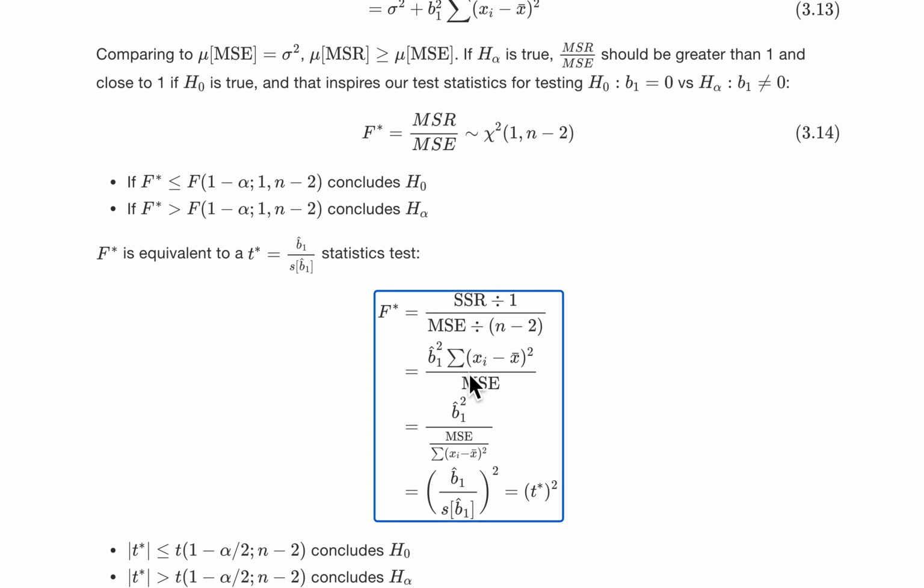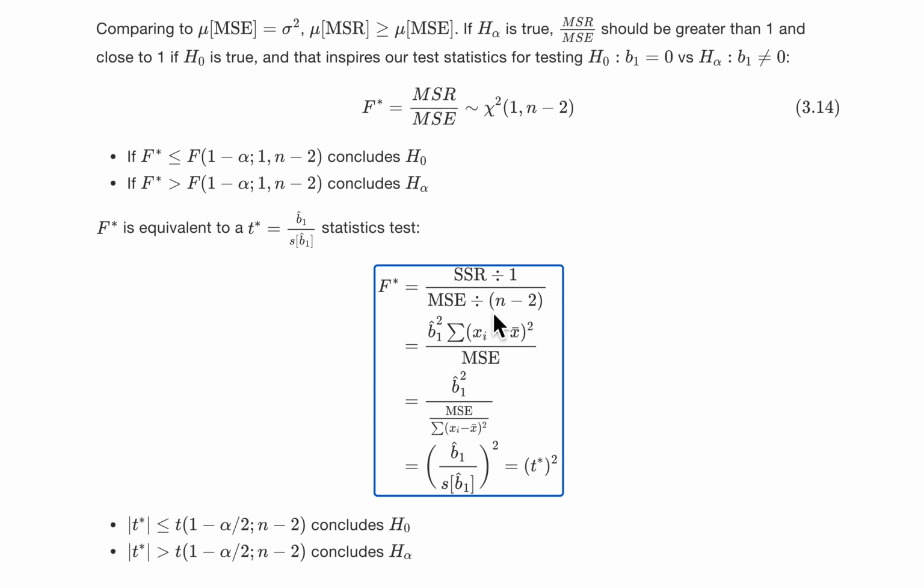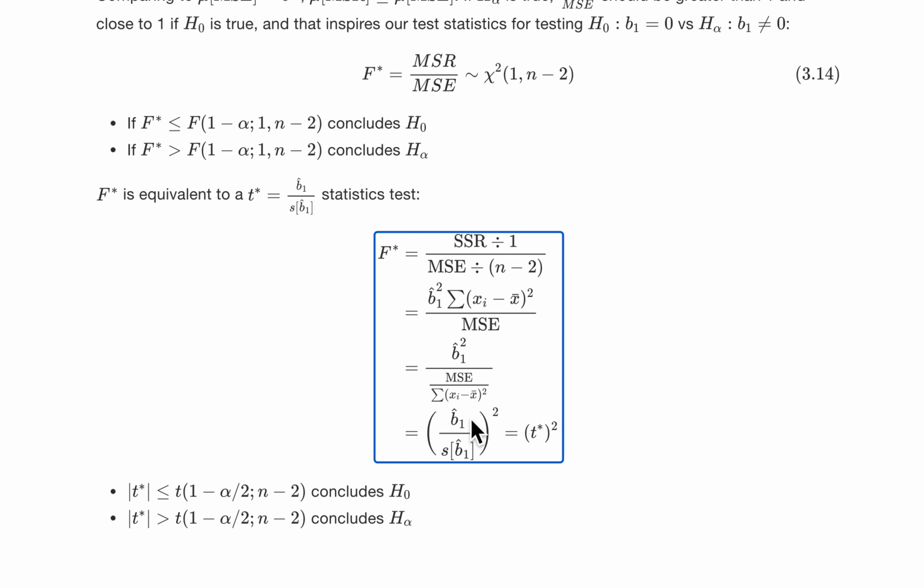When we rearrange a little bit, that will actually become b1 hat divided by the standard deviation of b1 hat, squared. But under the null hypothesis, the mean of b1 hat is 0, so that becomes a T distribution. So that becomes the square of the T distribution.